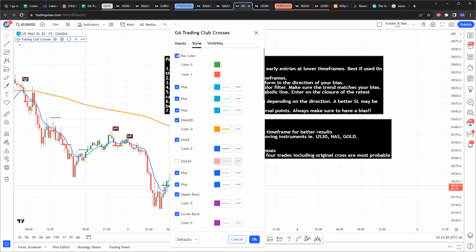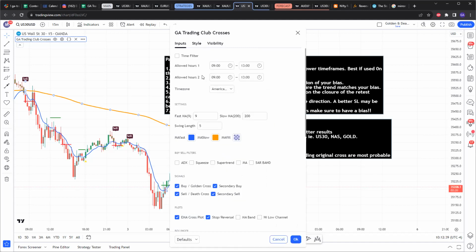So every candle that's above the 9 EMA or in and around the 9 EMA, depending on the margin of error, will be a green candle. Every candle that's below the 9 EMA plus or minus a margin of error will be a red candle. So that's the next improvement.